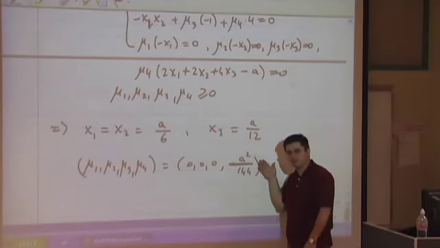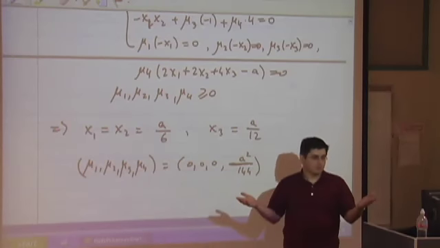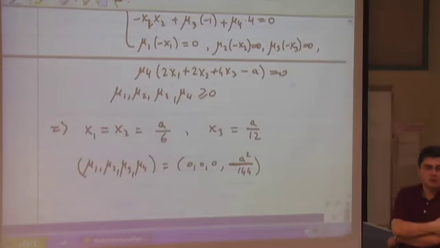The one that has positive is a minimum. The one that has negative values for mu is a maximum. Right? But what if you have one positive and one negative?